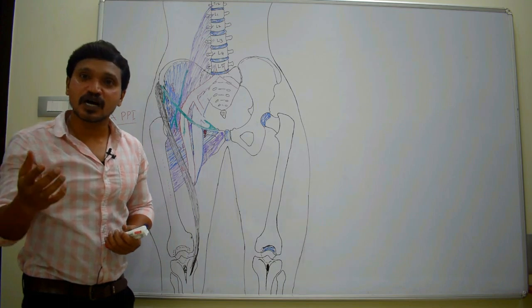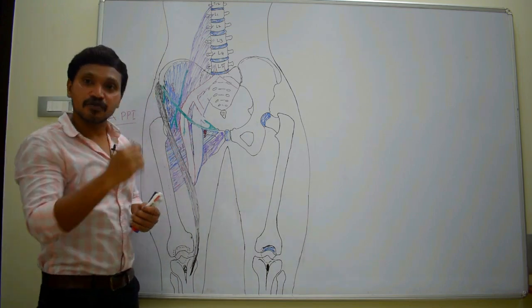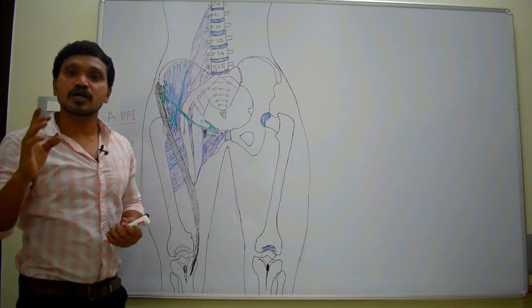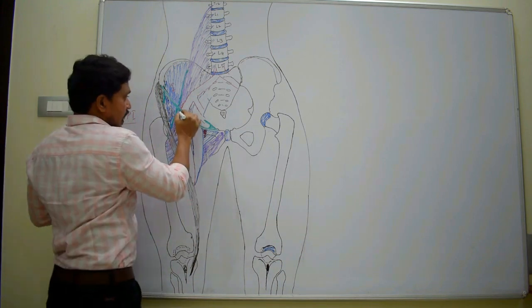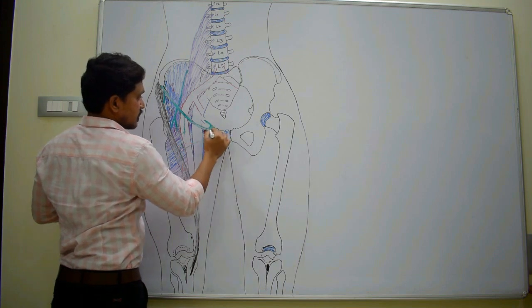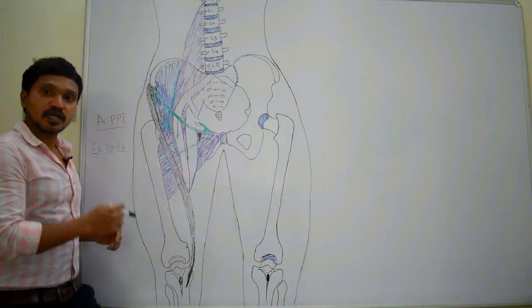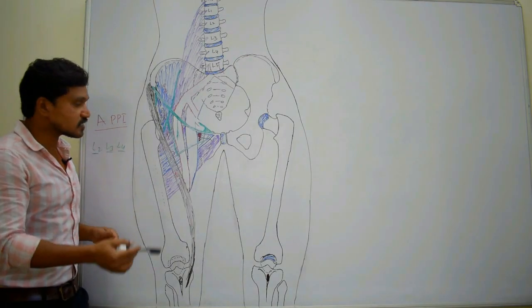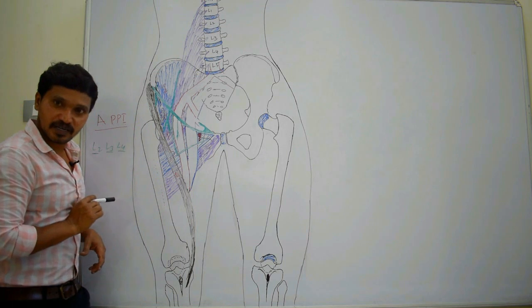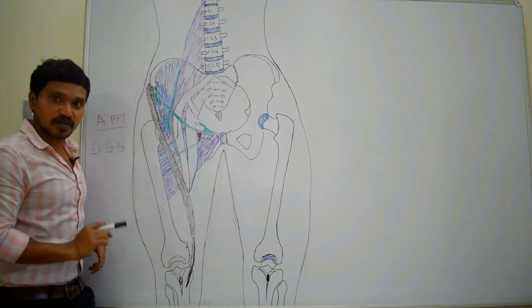So that fascia which is covering the femoral artery and femoral vein, what we call femoral sheath. So this artery and vein are covered by a sheath called femoral sheath. Now we have drawn almost all structures which are in relation with the femoral triangle. Now we can easily discuss what are the different boundaries and contents of femoral triangle.